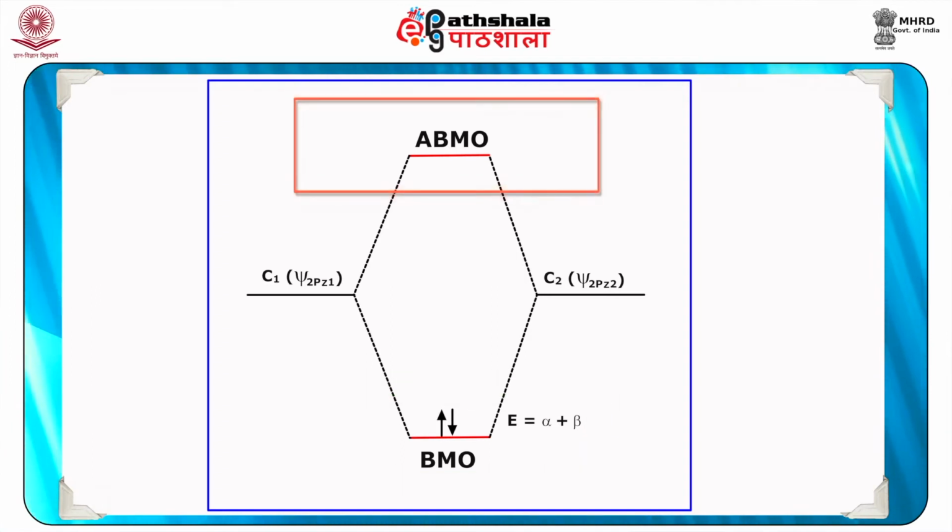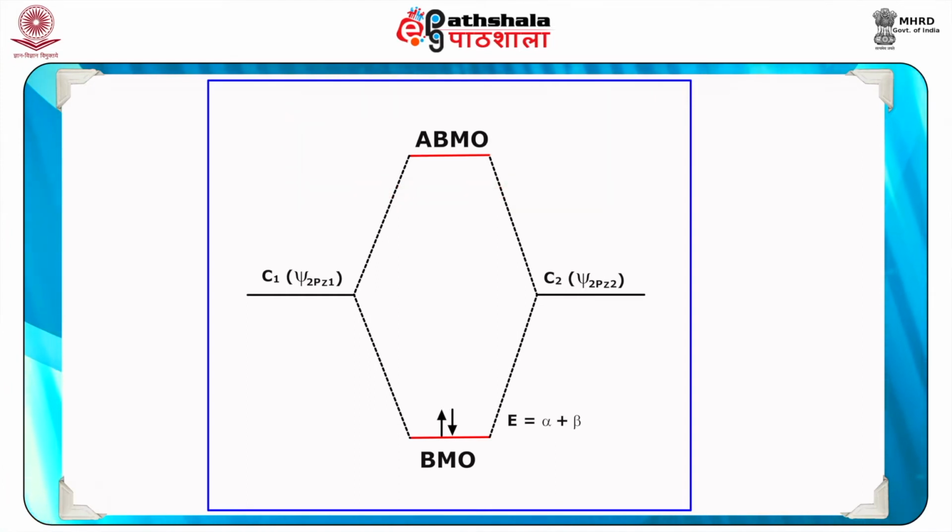And then at the top we have E is equal to alpha minus beta, which is referred to as the anti-bonding molecular orbital. Please note here that since there are only 2 pi electrons in the ethylene molecule, as you can see from this diagram, both these electrons are accommodated in the bonding molecular orbital, and the anti-bonding molecular orbital is vacant.